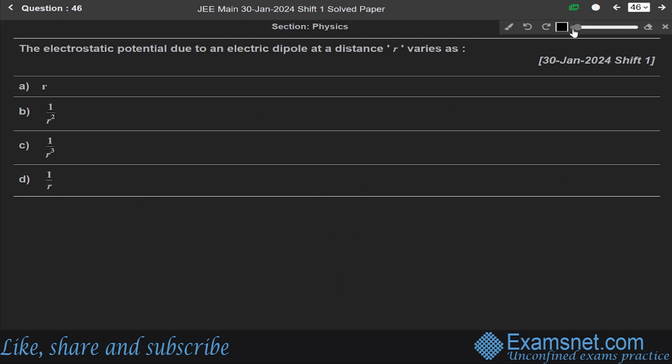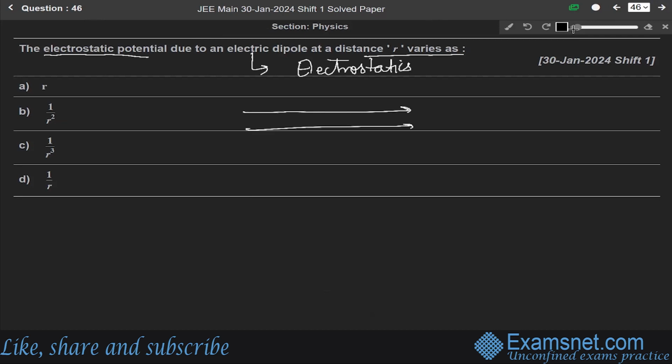Okay. Now question 46. The electrostatic potential of an electric dipole at a distance r varies as. So this question is from the chapter of electrostatics. It is asking about the electrostatic potential due to an electric dipole.